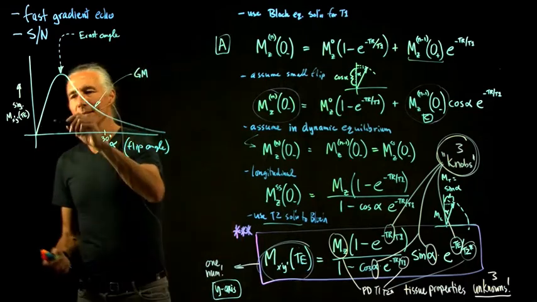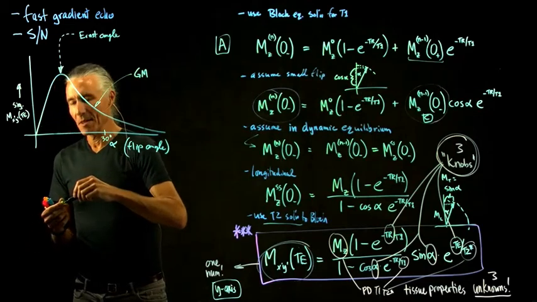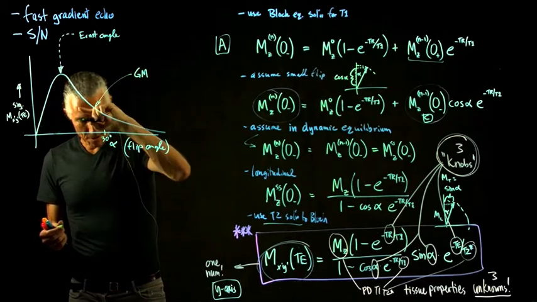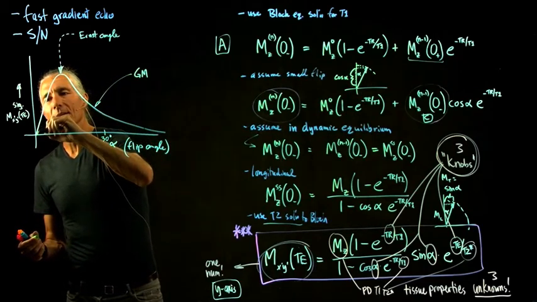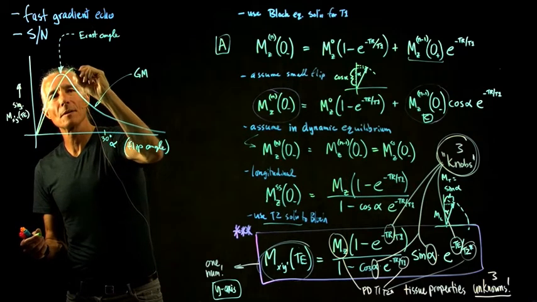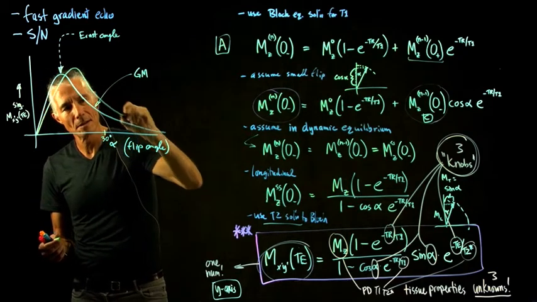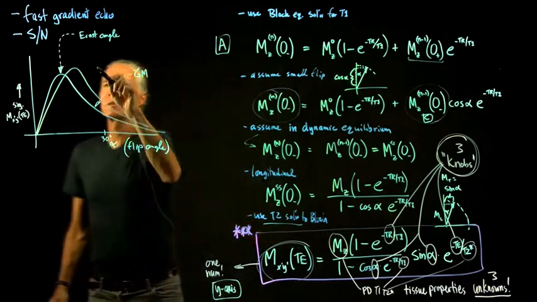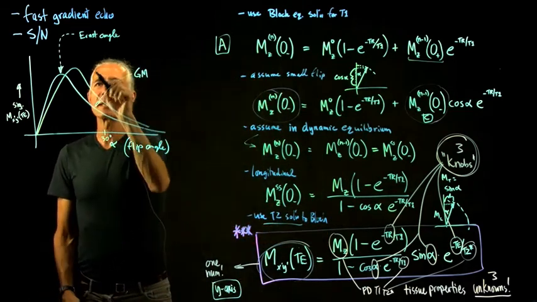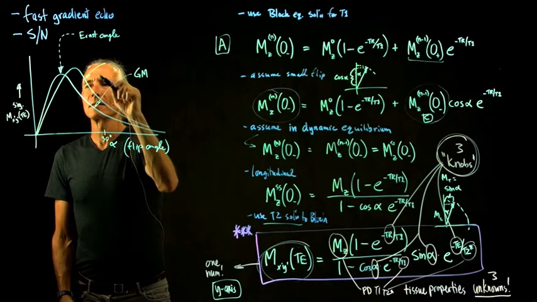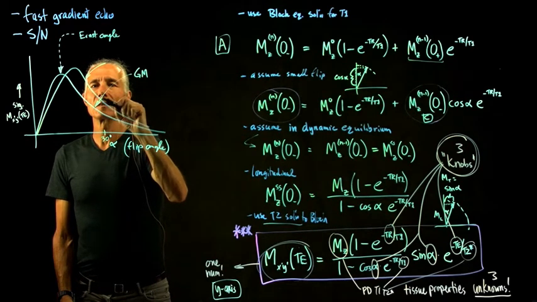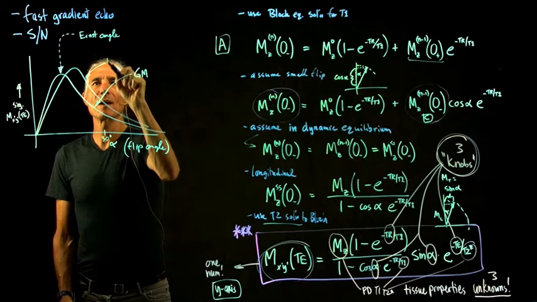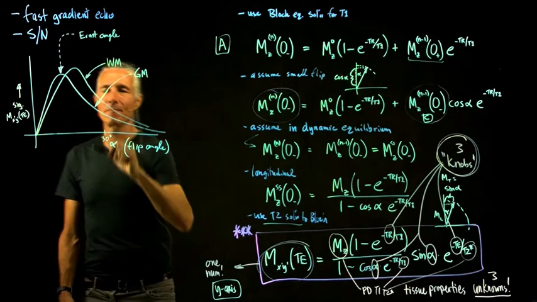Well, the problem is, here's another tissue type. And it sort of looks the same. So if we enter the tissue parameters for white matter, we might get something like that.